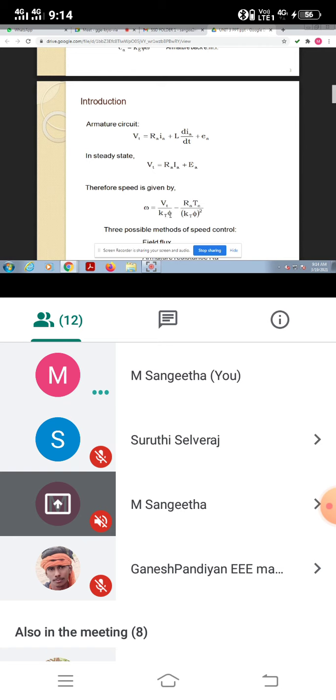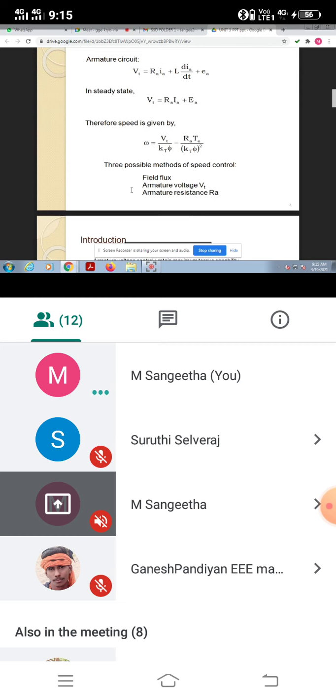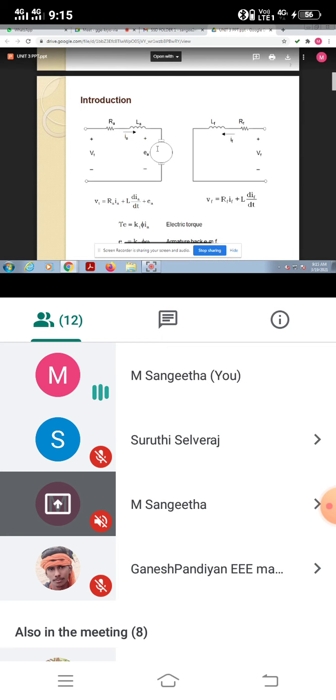Phi is the flux produced by the electrical motor, DC or AC. Minus Ra by Kt phi squared, where Kt is the motor constant. This is the speed equation for this design of electrical motor.